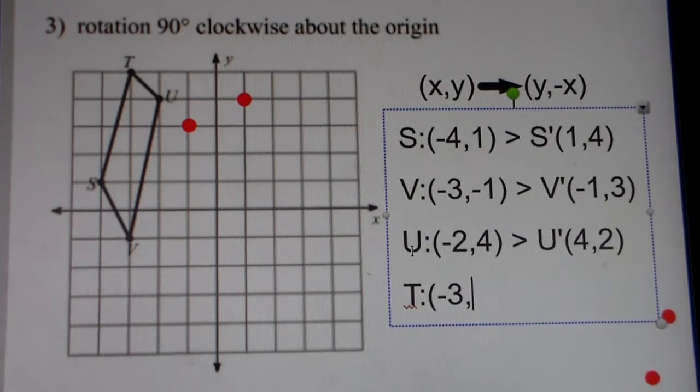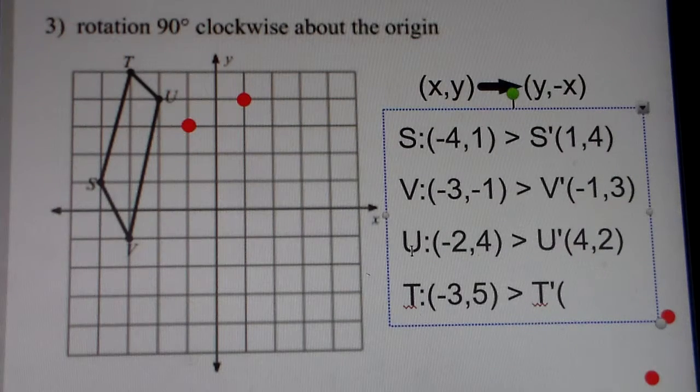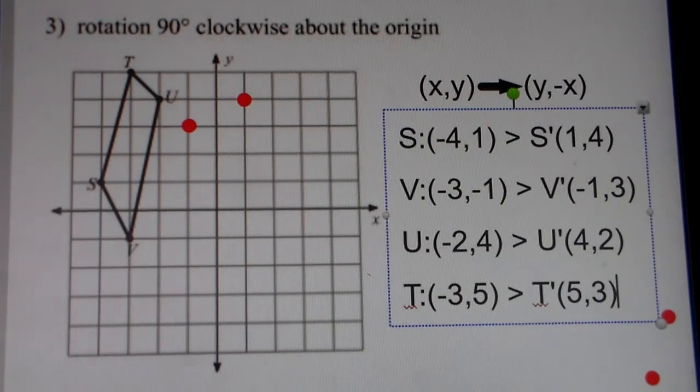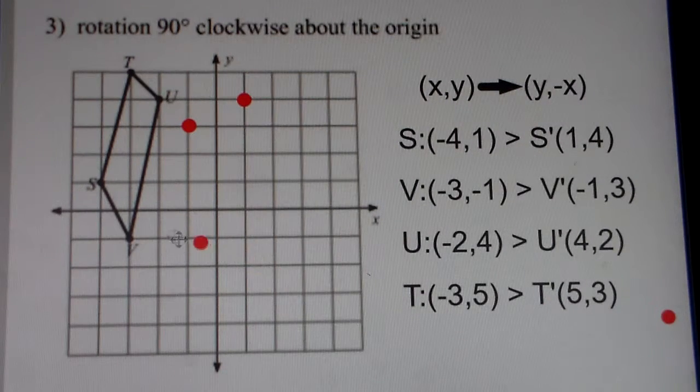So -3, comma 5. So T prime is going to be 5, comma, +3. Then we plot those points on the graph here. So 5 to the right, 3 up. That's your T prime. And U prime is 4 to the right and 2 up. So there's our figure when rotated around.